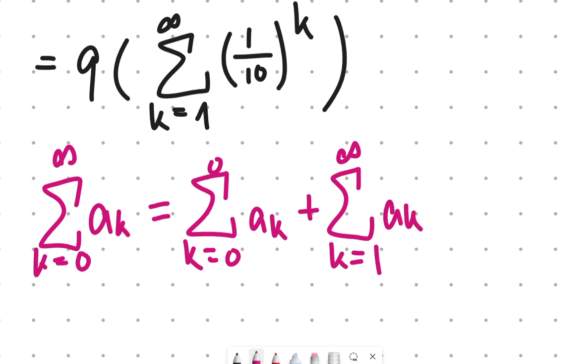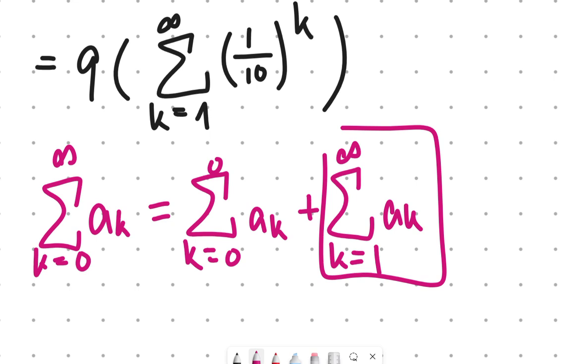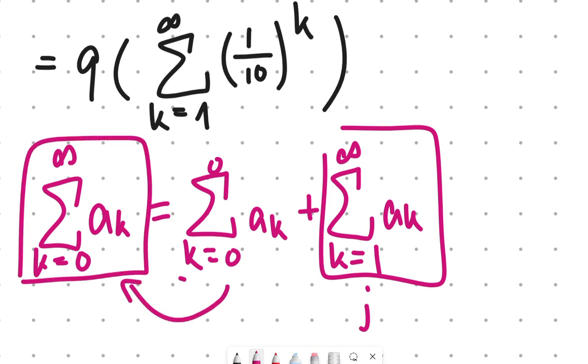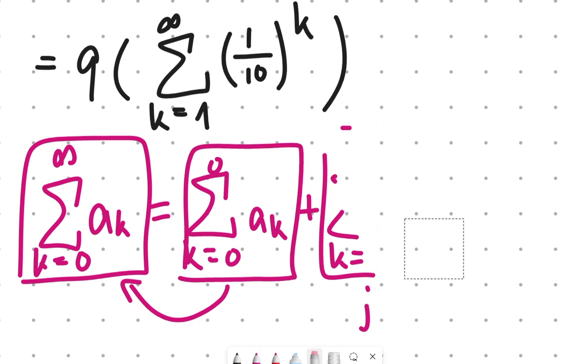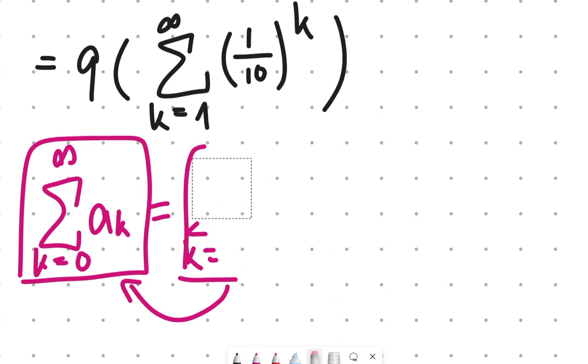So we have 1 to infinity. So we want this one. Let's call this a variable j. So if we want to solve for j, we're just going to subtract this on both sides, and we get k going from 0 to infinity minus k going from 0 to 0. So we can write this down as follows.